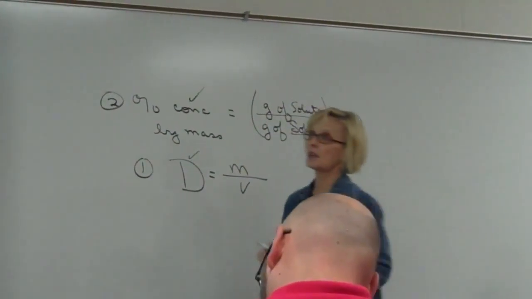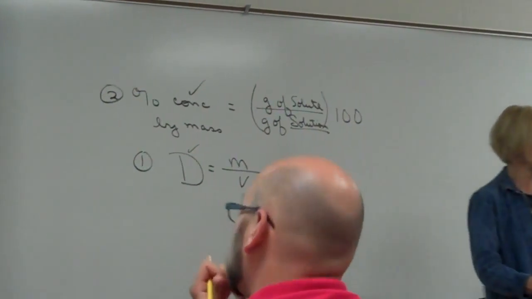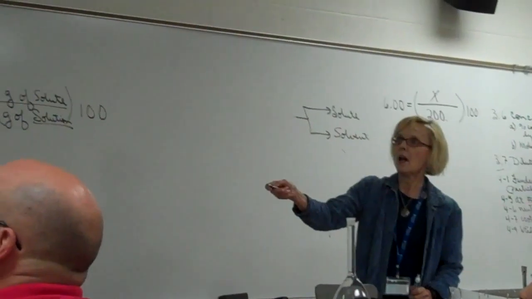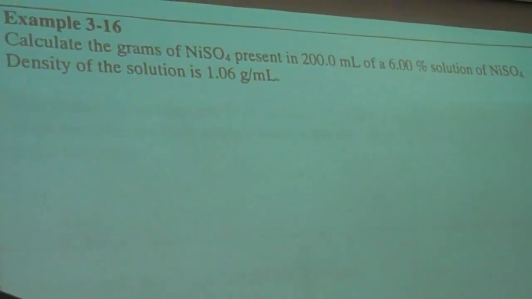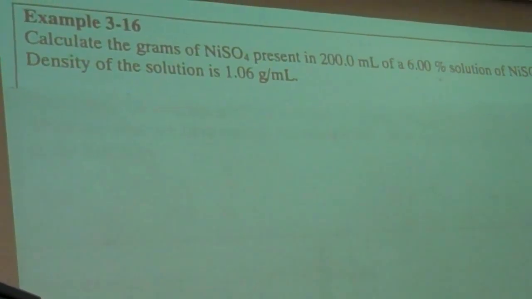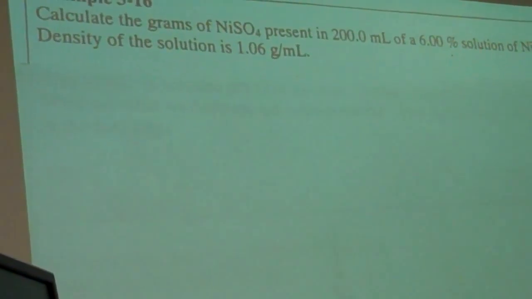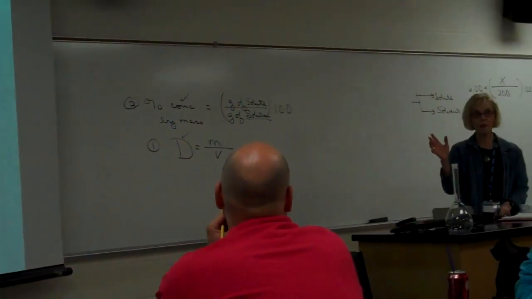Okay, another thing to think about, and sometimes the problem doesn't spell this out really carefully: when they give you a density, it's for the entire solution. It is never for the solute, it is never for the solvent, it's for the solution, the whole thing.